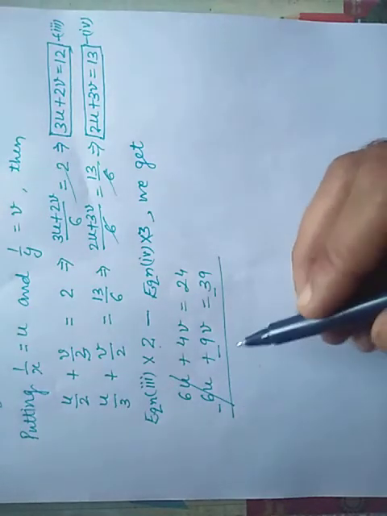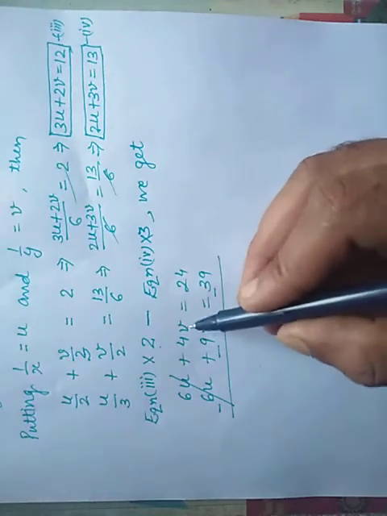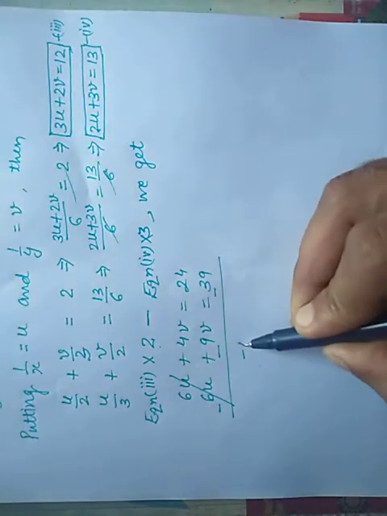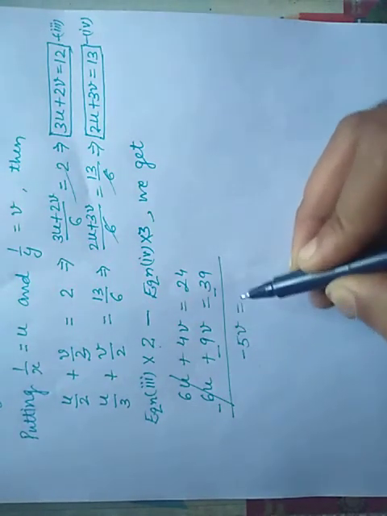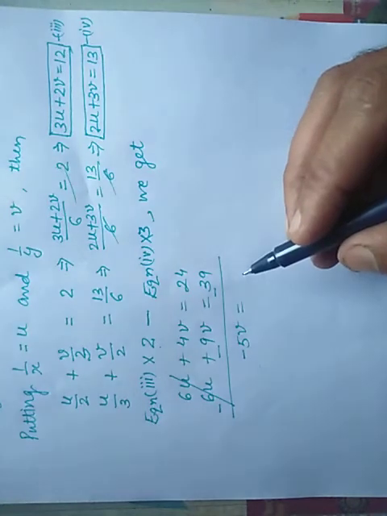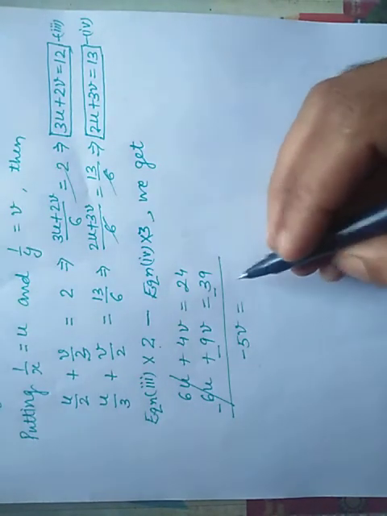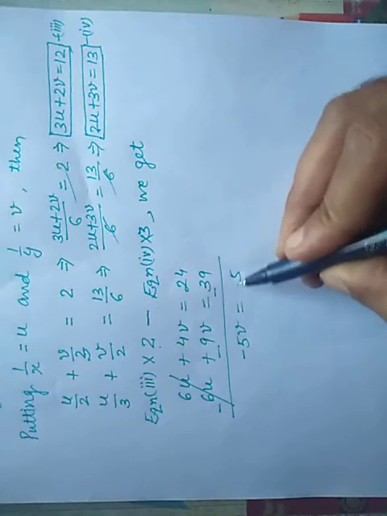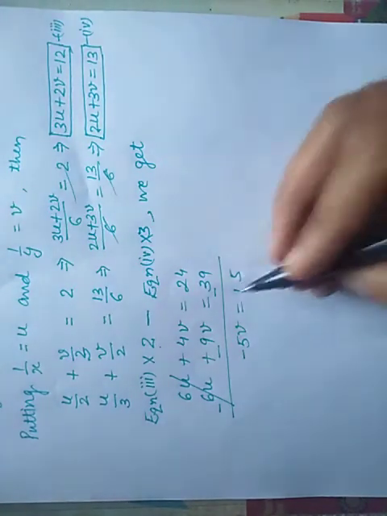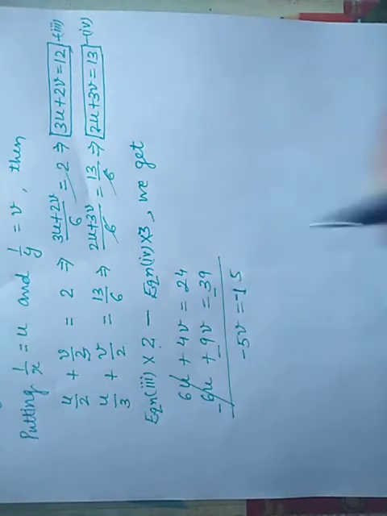Okay, and it will be here 4v minus 9v will be minus 5v is equal to 39 minus 24 will be how much? 15, or minus 15.